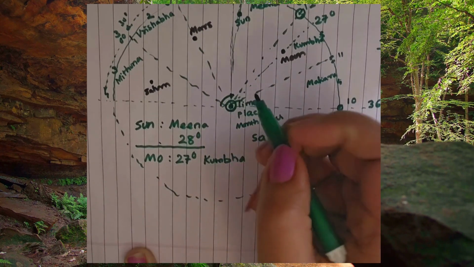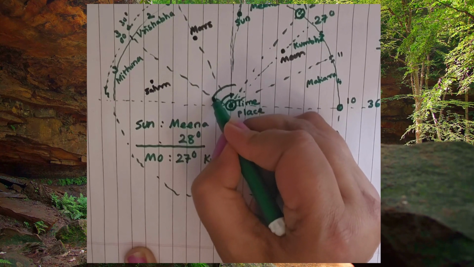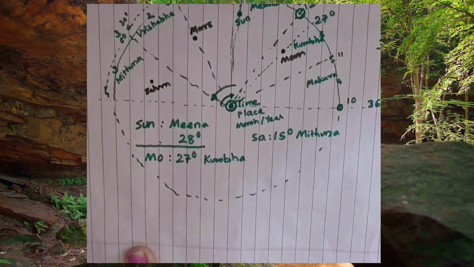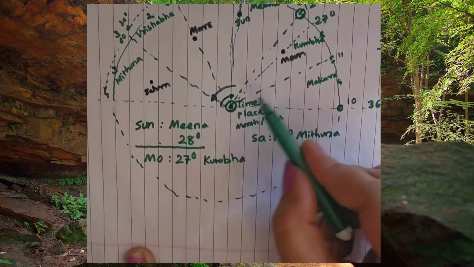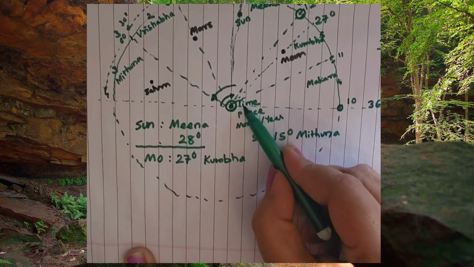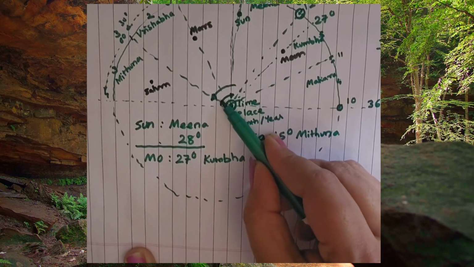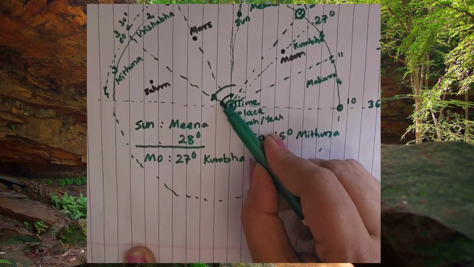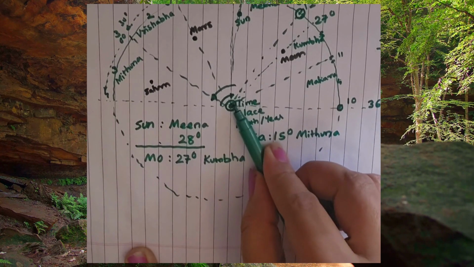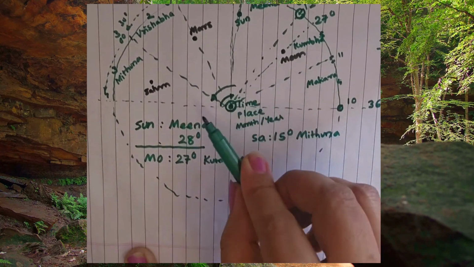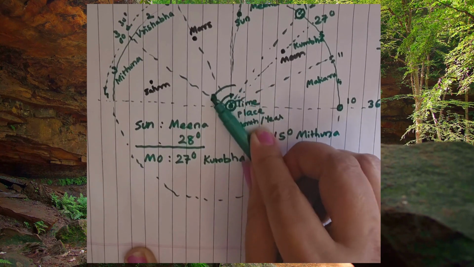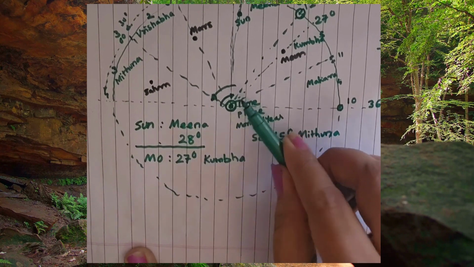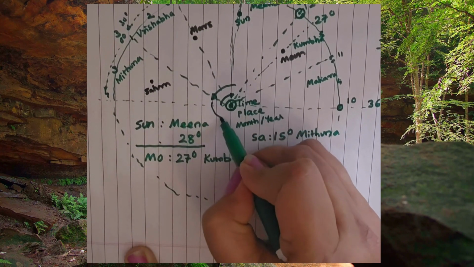So which means the entire zodiac will move in this direction, correct? Now this entire zodiac is going to revolve in 24 hours, in one day, correct? So considering planet Earth as static, which indirectly means this entire zodiac is going to revolve in 24 hours, right?